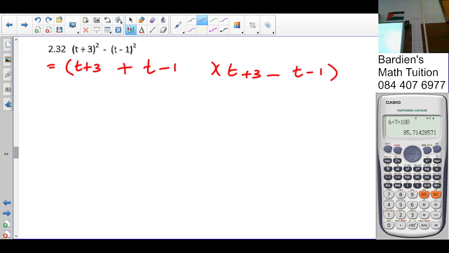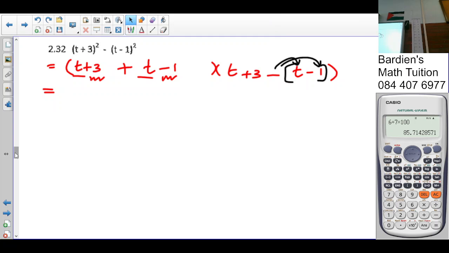What mustn't we forget? Brackets. So what do we notice here inside the brackets? Like terms, unlike terms. And we multiply the brackets then. So do your thing.